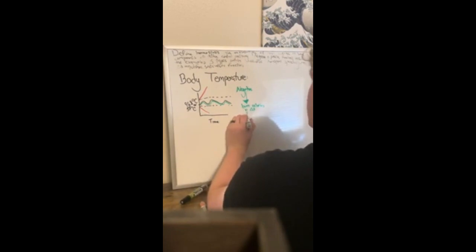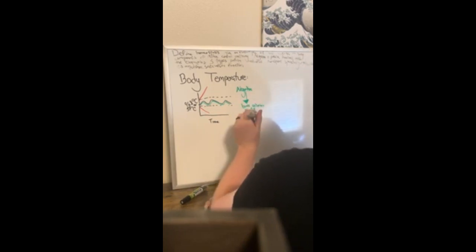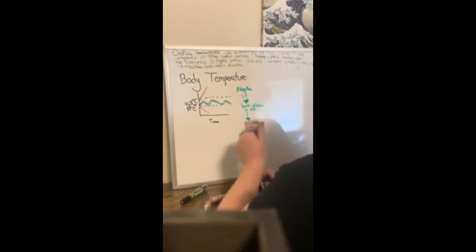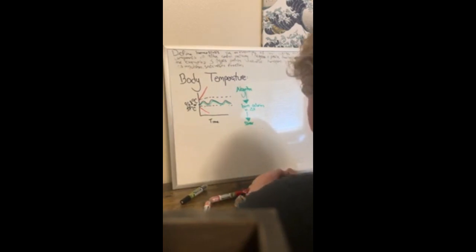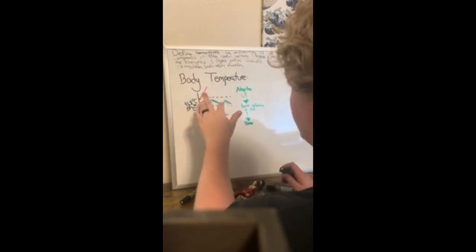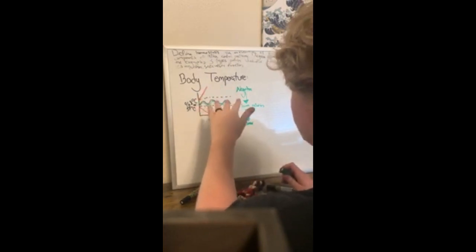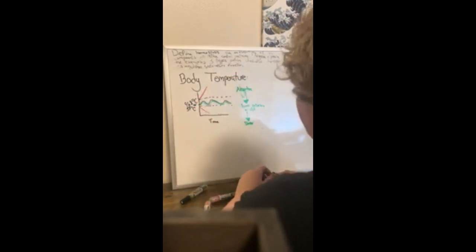Another example of a negative feedback loop is that the body would begin to shiver. Shivering will cause the person to produce more body heat and take you away from being cold. It'd warm you up essentially.